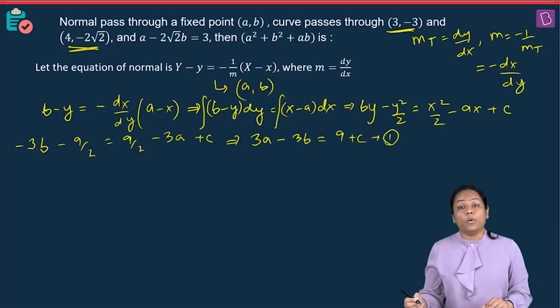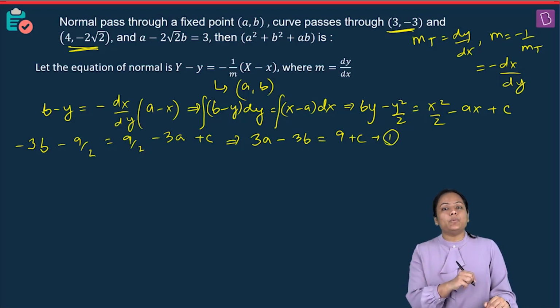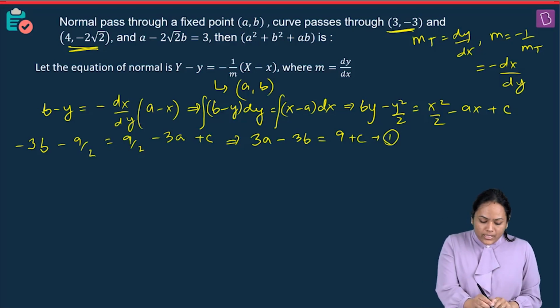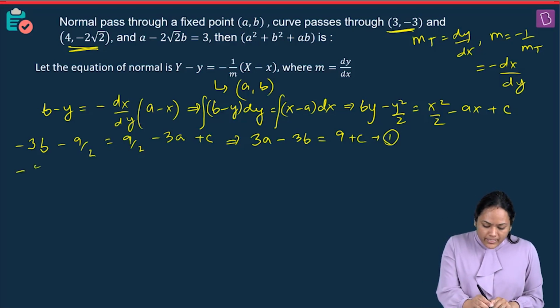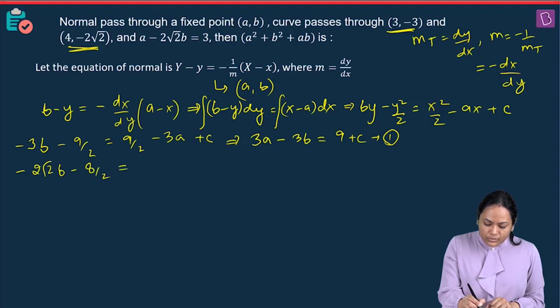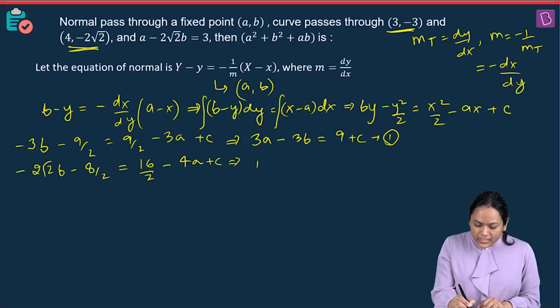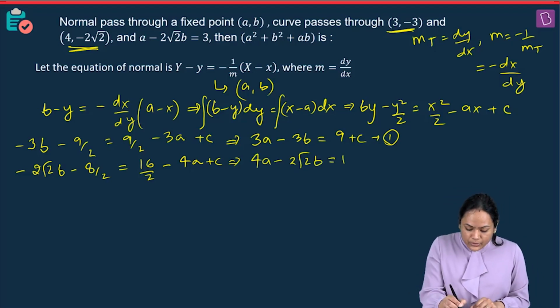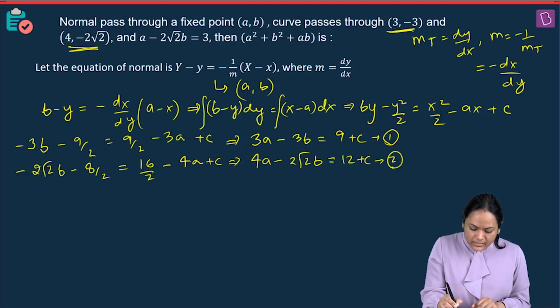Let me take this as 1. And similarly, when I substitute my second point, that is 4 comma minus 2 root 2, it's going to give me minus 2 root 2 times B minus 8 by 2 is equal to 16 by 2 minus 4A plus c. Further can be written as 4A minus 2 root 2B is equal to 12 plus c.